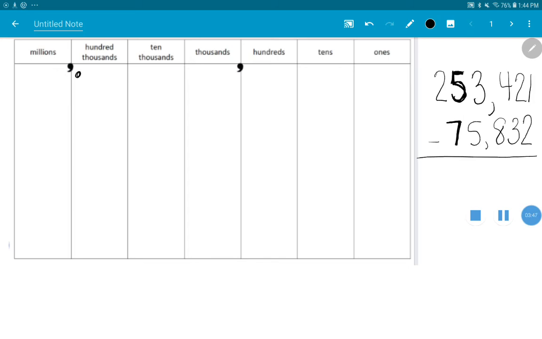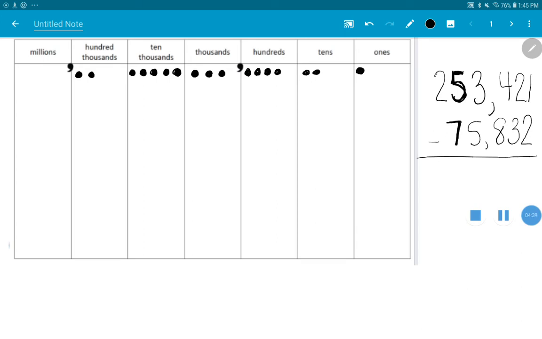I'm going to put 2 in my 100,000s, 5 10,000s, 3 thousands, 4 hundreds, 2 10s, and 1 1. Okay, so there's my total that I'm starting with.